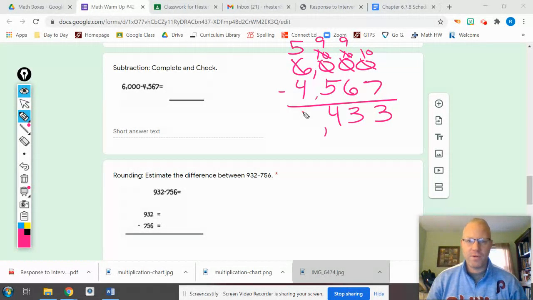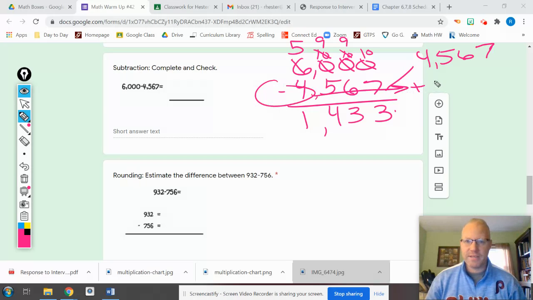5 minus 4, 1. Now what they're saying is take your part that you added, one of your smaller numbers that you subtracted, 4, 5, 6, 7. Get it? It's just all in order. And then now you're going to add because it's inverse operations.